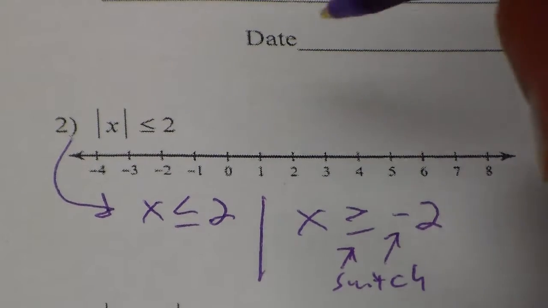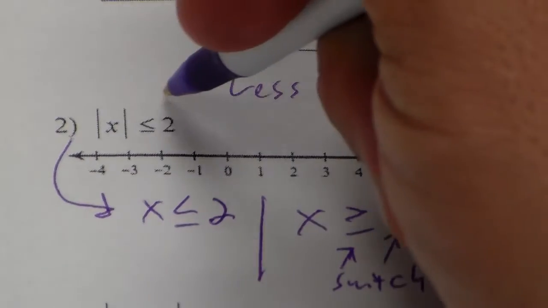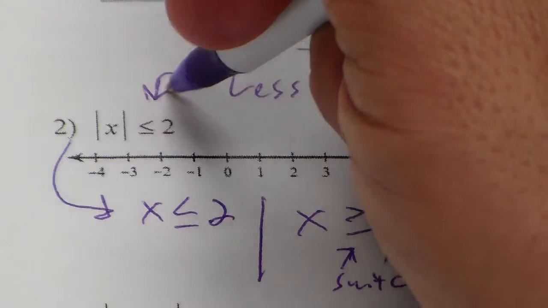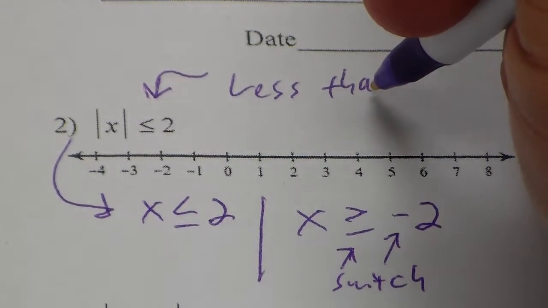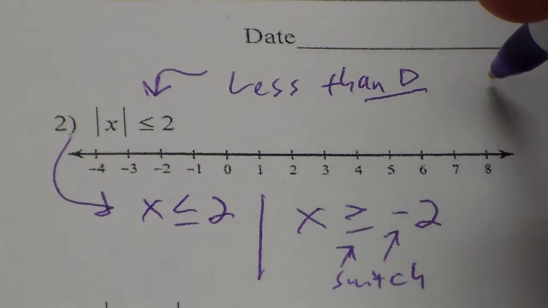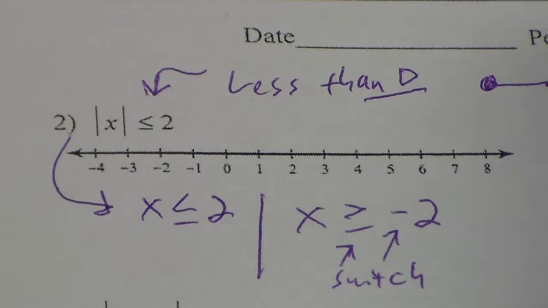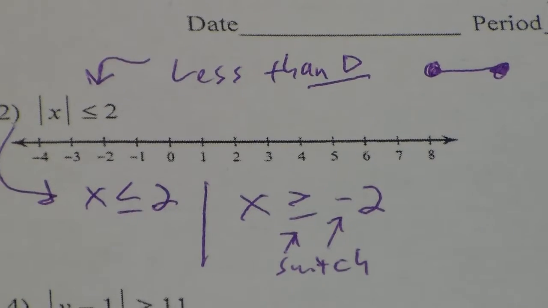So we want to graph. So this is a less than, right? This symbol right here is less than. So we'll call it less than because it's "and". And "and" means that you're going to be sharing everything in between.